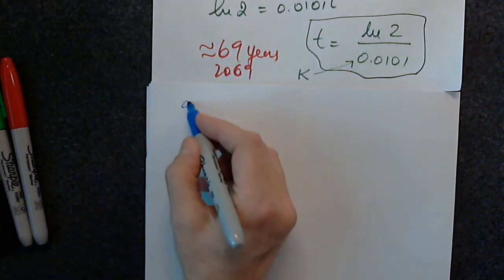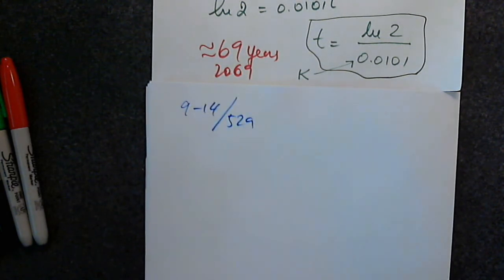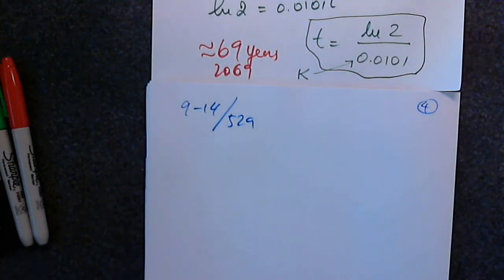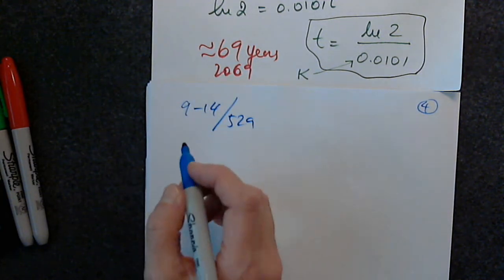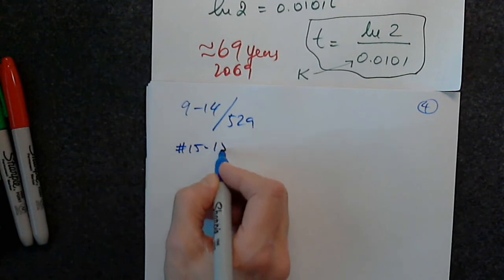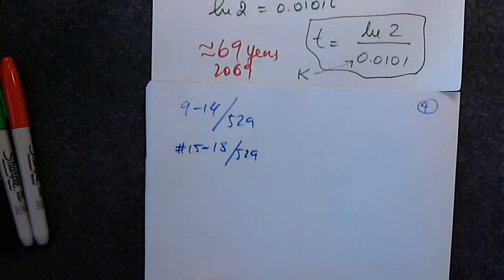It says in exercises 9 through 14 on page 529, nine through 14 is still exponential growth model. So forgive me, I'd like to move on to 15 through 18. We can come back with more problems, no problem.